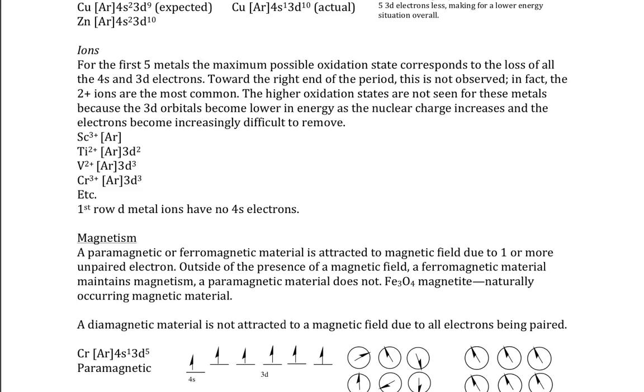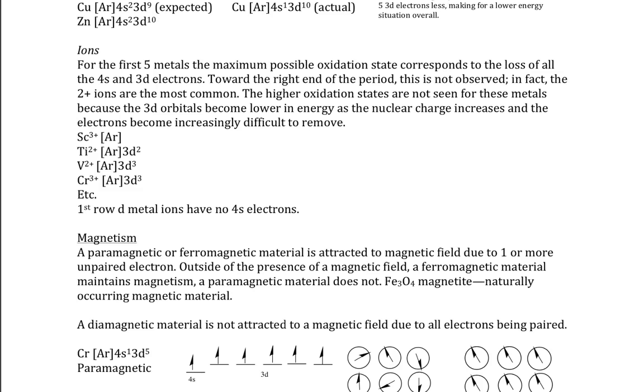Their highest oxidation state corresponds to loss of the 4s electrons as well as the 3d electrons. And then after that, we don't see that. We see that there's fewer electrons lost because of the higher Z effective due to the higher number of protons.